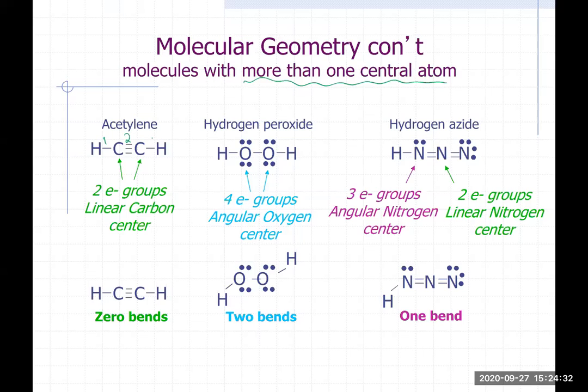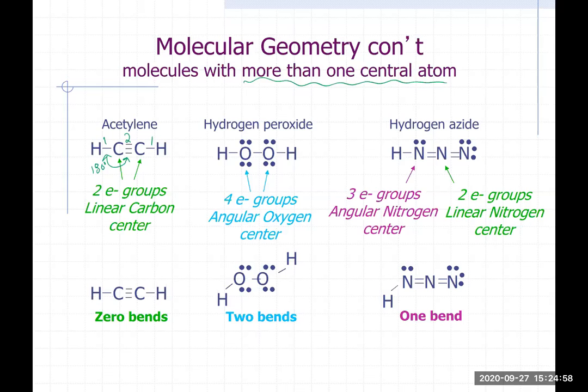And if we went from the other side, an electron group here and an electron group in the middle. Remember, triple bond counts as 1 electron domain or 1 electron group. So that means if we have 2, this bond angle is 180 degrees. If that bond angle is 180 degrees, then both of those are going to be linear. So this molecule is linear.